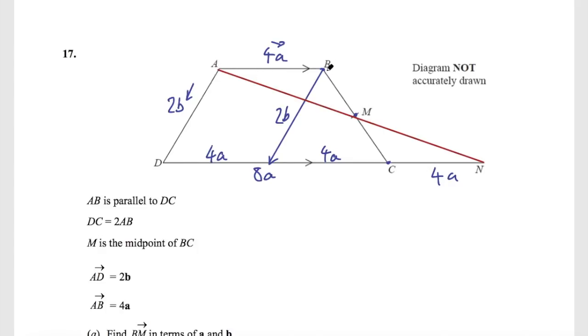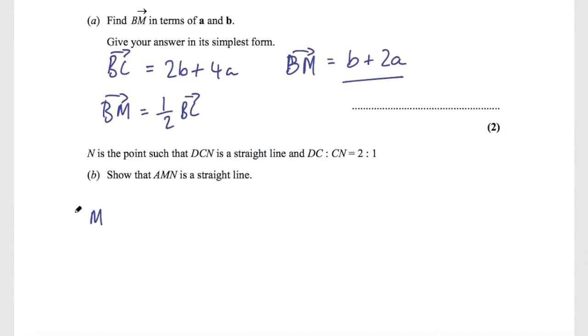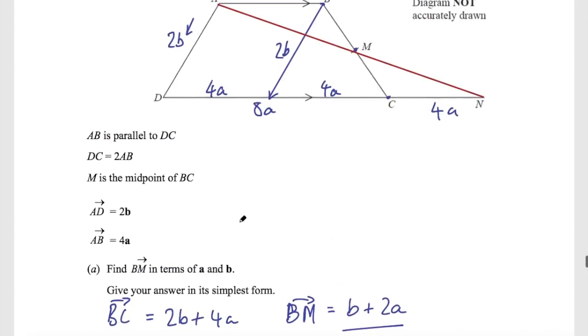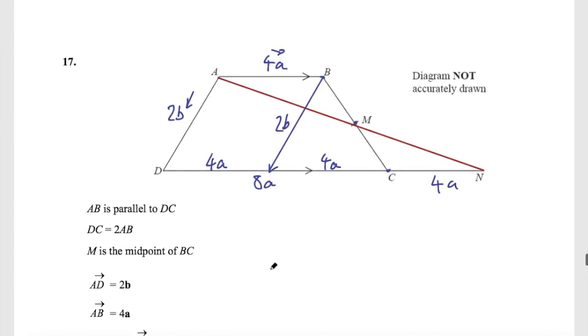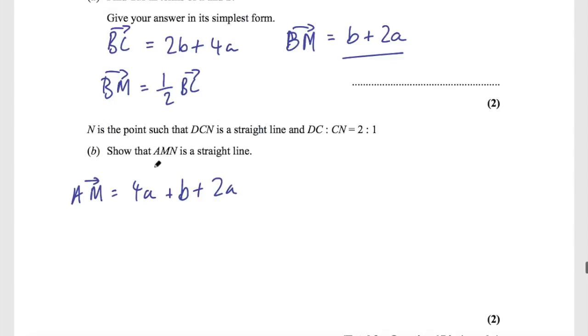Well, we can go from A to B and then B to M. Now we have the vector for B to M from part a, so we can say that AM is going to be 4a, which is A to B, and then BM is b plus 2a, so we can add that on. And then simplify this, so this is going to be 6a plus b.